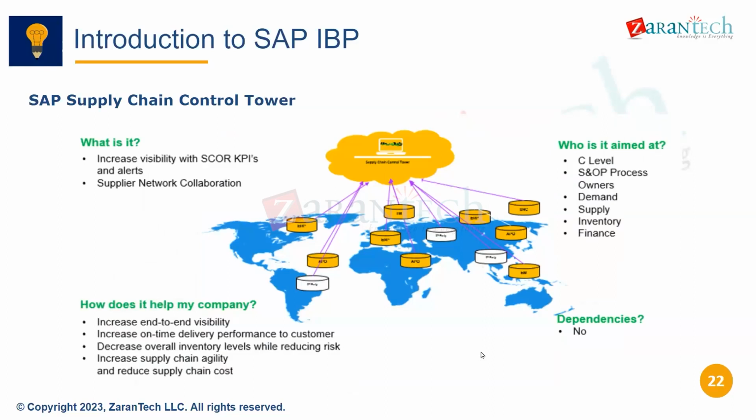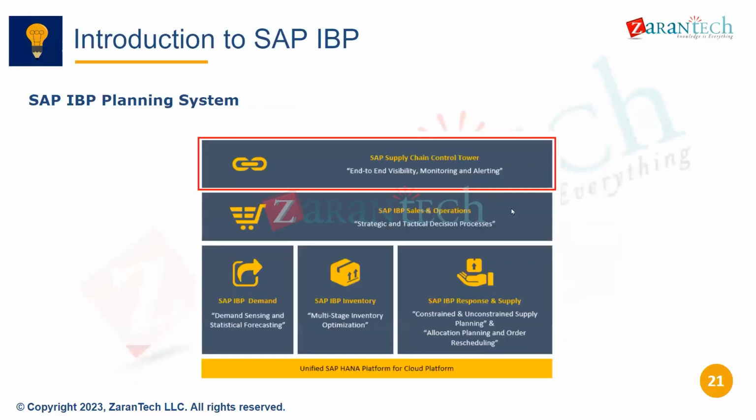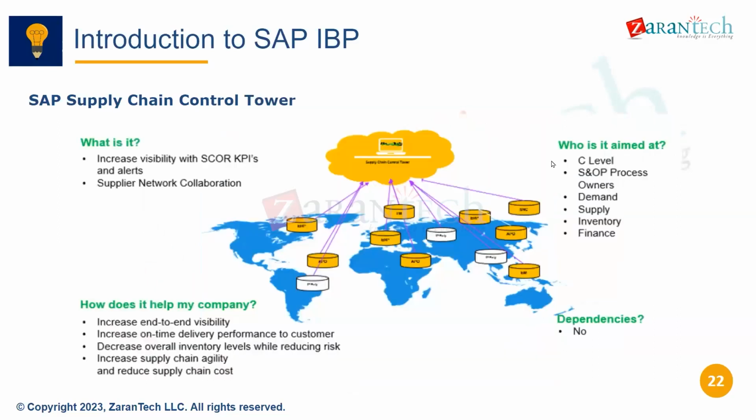Okay. So next one, as I spoke about, is the supply chain control tower, which is basically on top of the pyramid. This is basically used by the top management, the CEOs, VPs, to get the pulse of the organization.